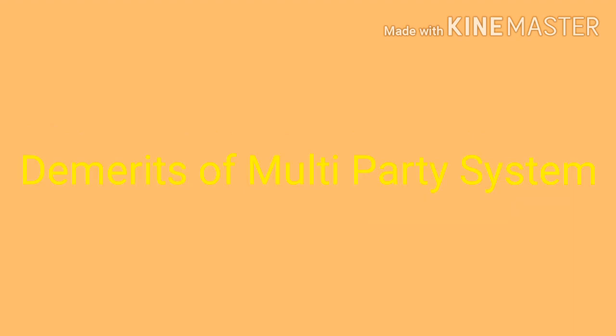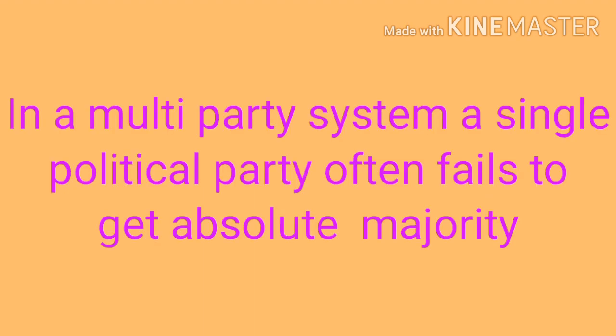Next, we are going to study the demerits of the multi-party system. The first main demerit or disadvantage of the multi-party system is that a single political party often fails to get an absolute majority.